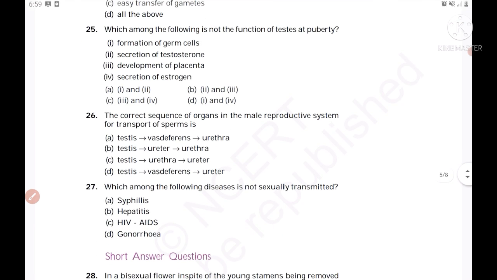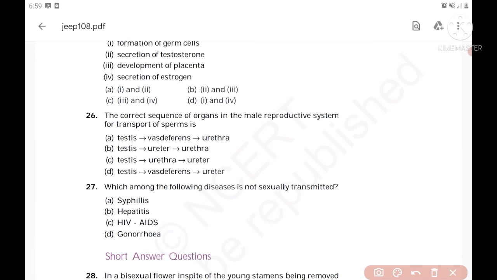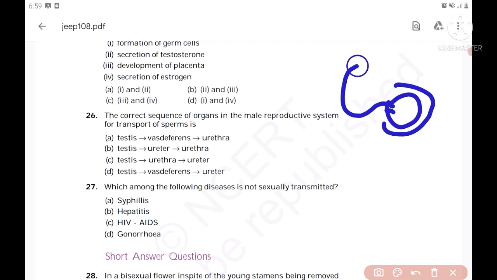Next, 26. The correct sequence of organs in the male reproductive system for transport of sperm is. Okay. So where is the sperm formed? In the testis, which is in scrotum. Over here, the sperm is produced. Next, I'm not sure I can give a perfect diagram, this will be the vas deferens. So by this, the sperm passes, and don't get confused between urethra and ureter.